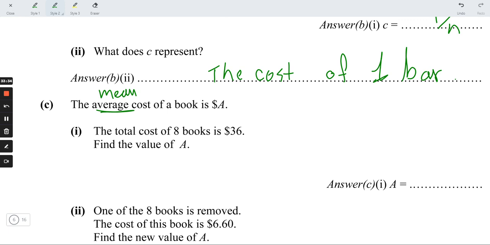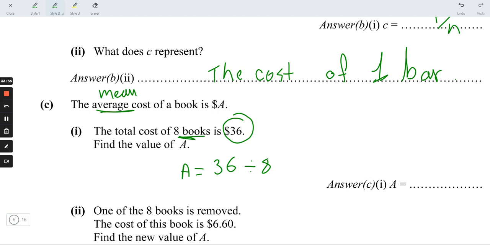They need to find the average cost of a book. The total cost of 8 books is $36.